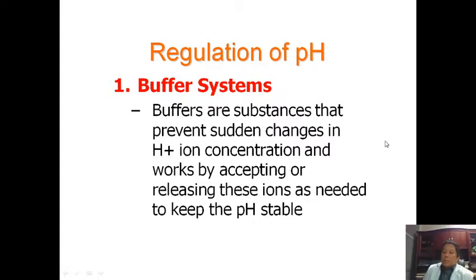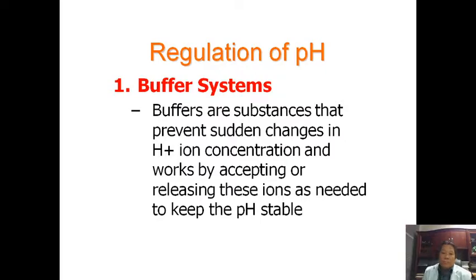The buffer system consists of substances that prevent sudden changes in hydrogen ion concentration by either accepting hydrogen ions or releasing hydrogen ions. A good example of this would be certain electrolytes, like chloride. Accepting hydrogen by chloride to create hydrogen chloride, or HCl, can lead to an increase in acid content of the body.